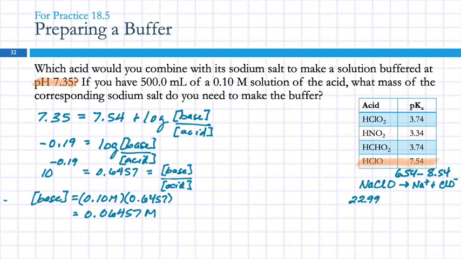So sodium is 22.99, chlorine is 35.45, oxygen is 16.00, which gives 74.44 grams per mole.